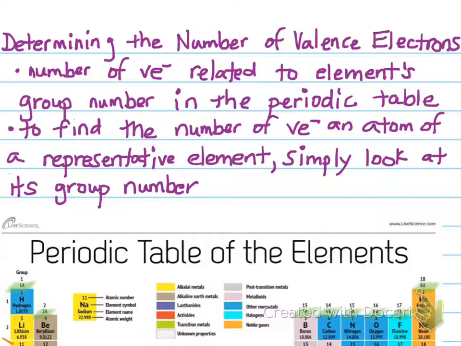So group 2A has 2 valence electrons. Group 5A has 5 valence electrons. Okay, that's why those designations are nicer than some other way they're designated.